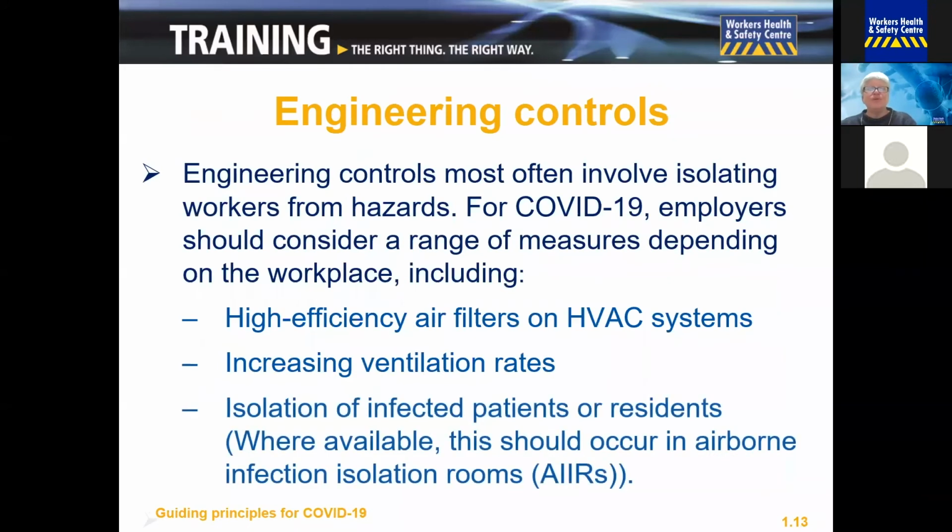Engineering controls most often involve isolating workers from hazards. For COVID-19, employers should consider a range of measures, including high-efficiency air filters on HVAC systems, increasing ventilation rates, isolation of infected patients or residents, and where available, this should occur in airborne infection isolation rooms.